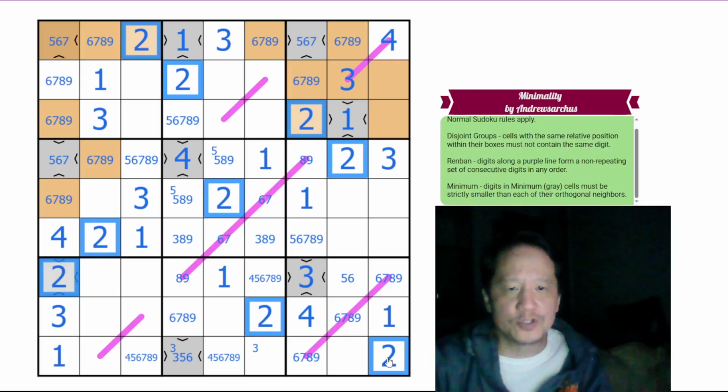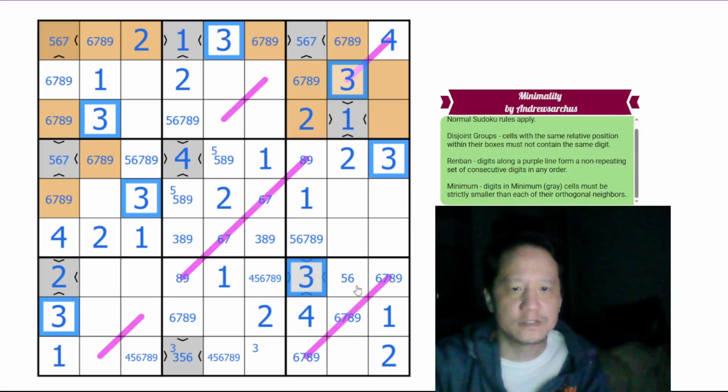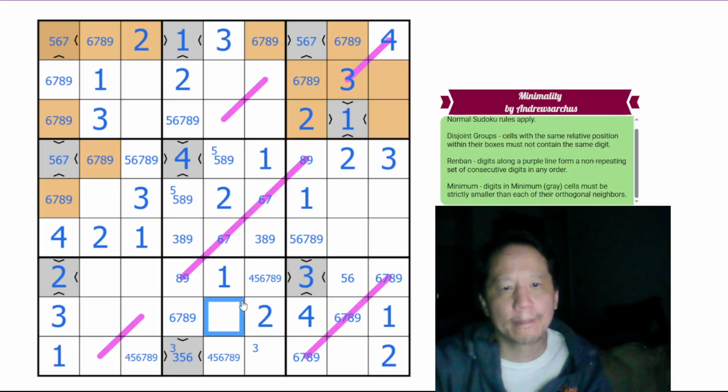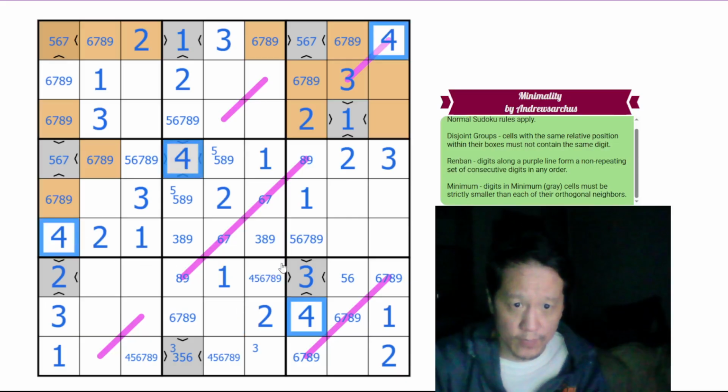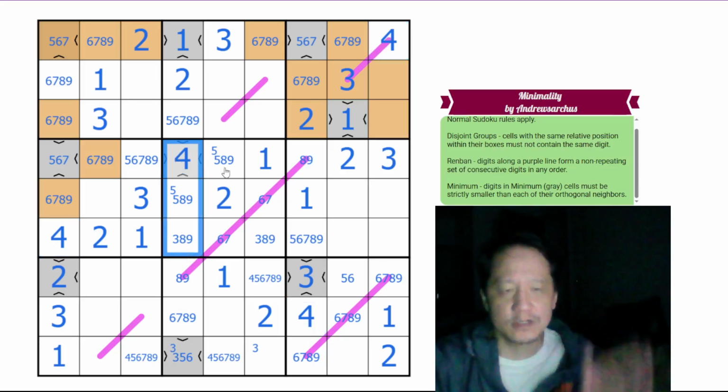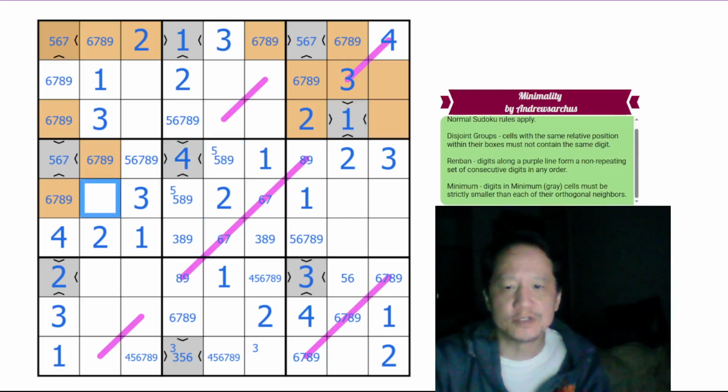Okay, we have all the 2s now. 3s. We have 7, so 3 is one of these 2. 3 is one of those 2. 4. We have 4 in all 3 positions in the left position. Central, okay, so this is 5 through 9. 5.